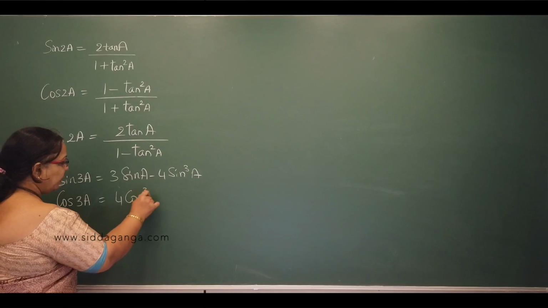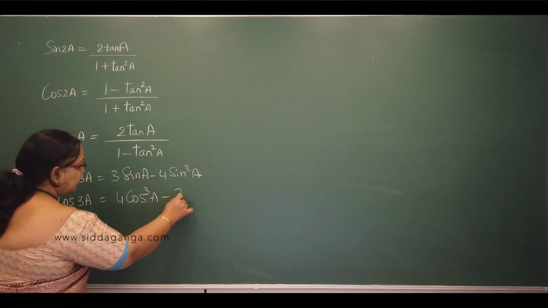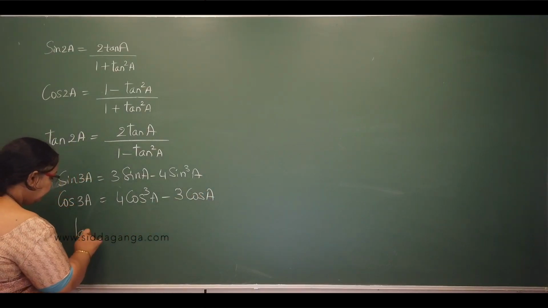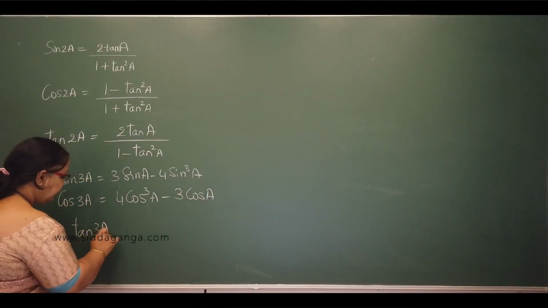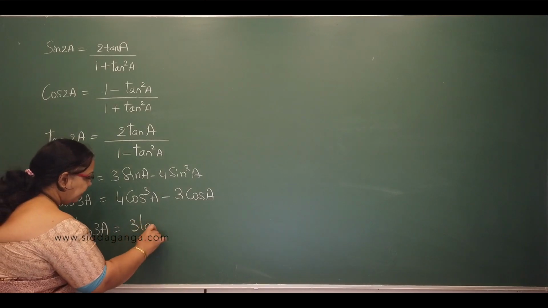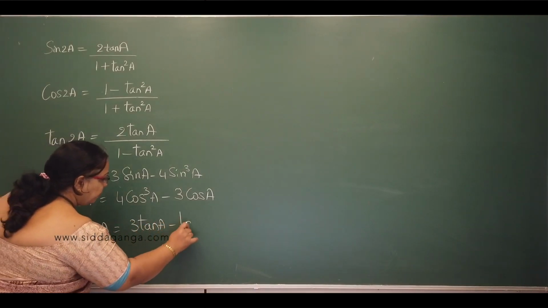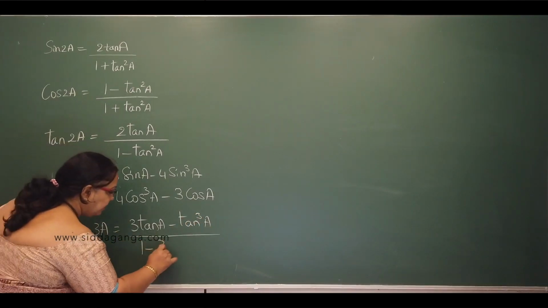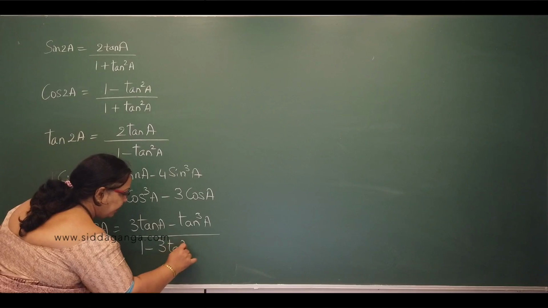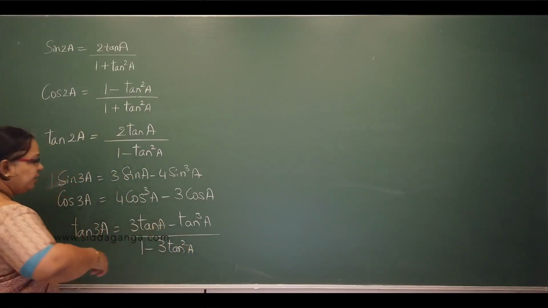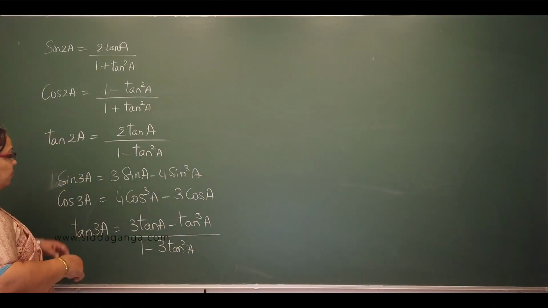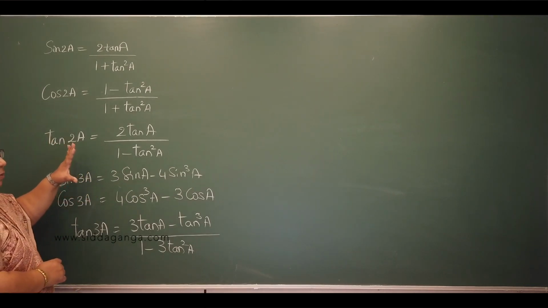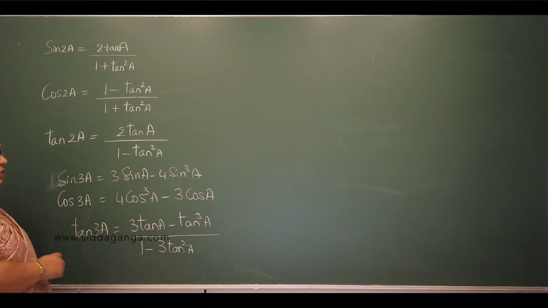Next, tan 3A is 3 tan A minus tan cube A divided by 1 minus 3 tan square A. Here both numerator and denominator have a minus sign. These are the results we use many times in inverse functions.